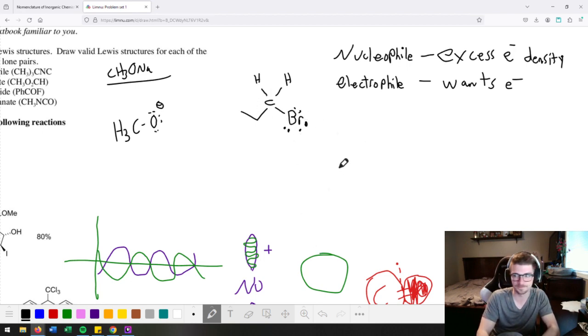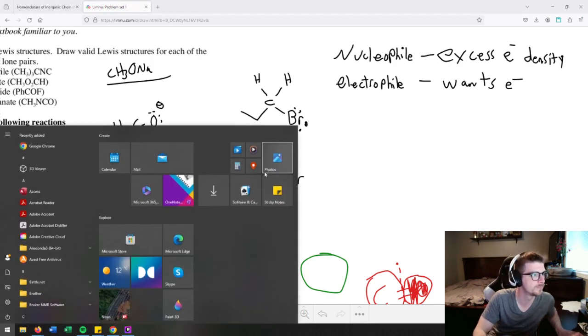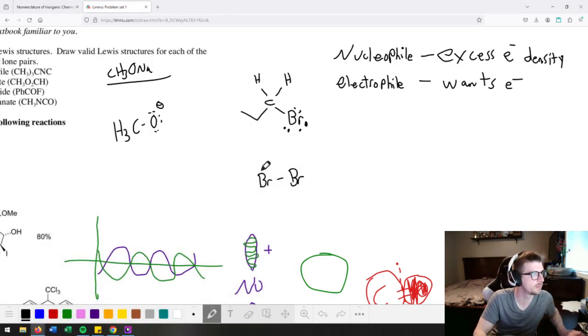So let's try this out. In a molecule of bromine, this is just Br2, the elemental form of bromine.